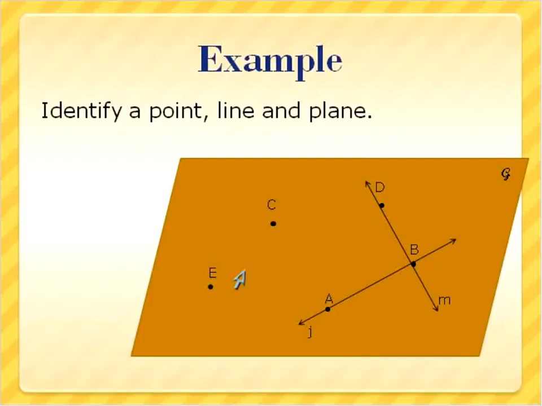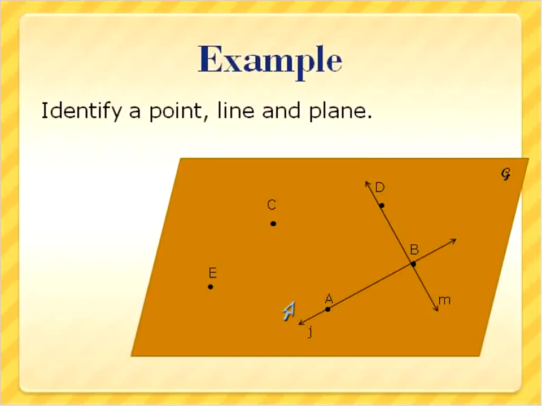All right, any three points can help us see where a flat plane is, or if it's labeled with a cursive or a script letter, then that would be the name of that plane. So this is plane G, or you could call it plane DCE, EAC, any of these letters that are capitals, because we use points to identify a plane.